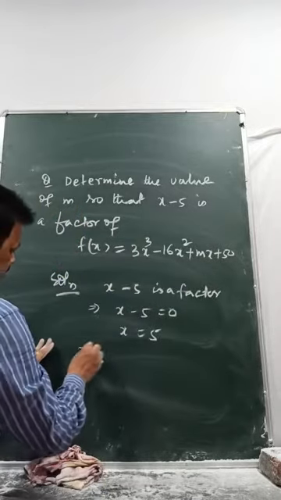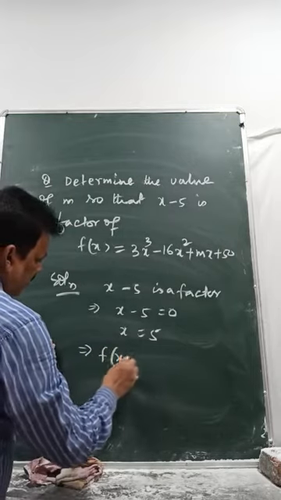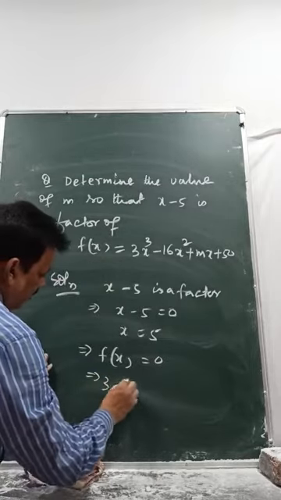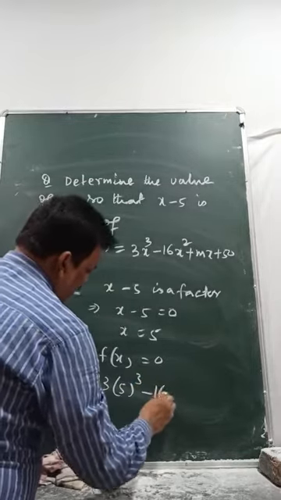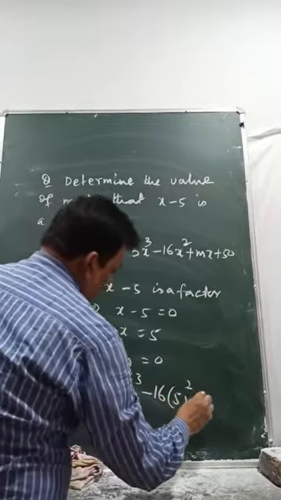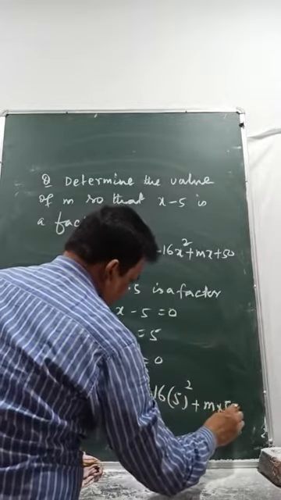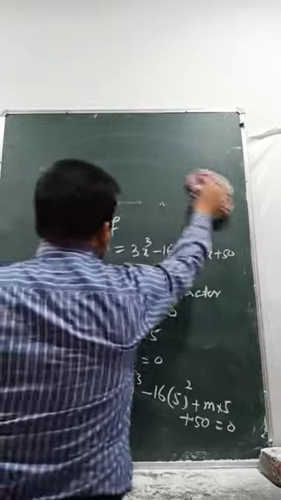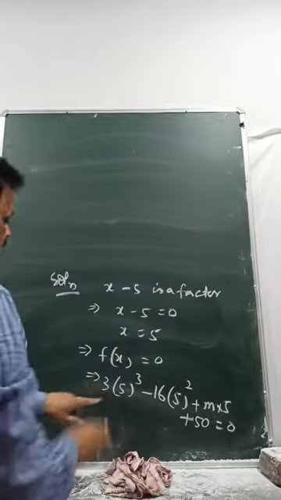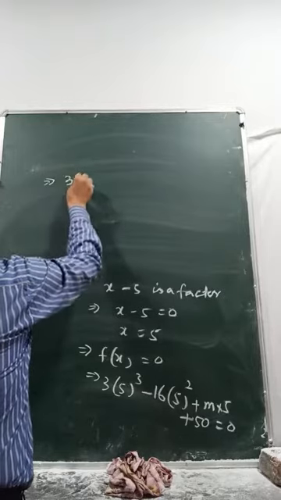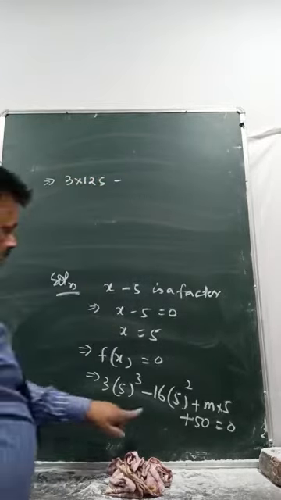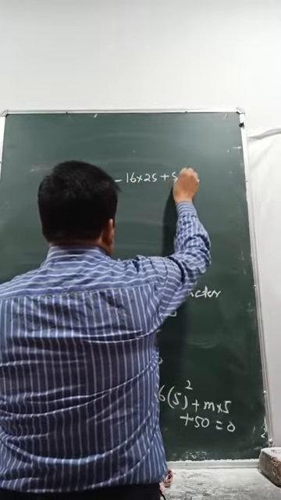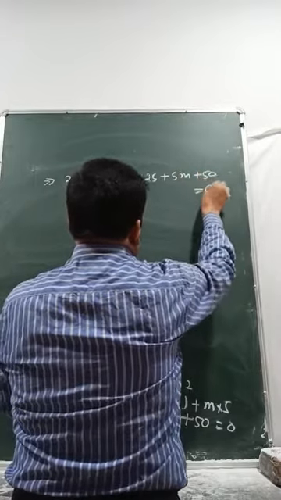So f(5) is 0 means I'll put here 3 into 5 cube, minus 16 into 5 square, plus m into 5 plus 50 equals 0. Let's solve here. 5 cube is 125, 3 into 125, 16 into 25, plus 5m plus 50 equals 0.